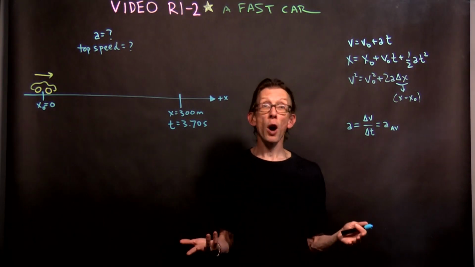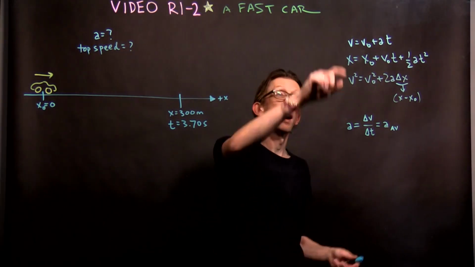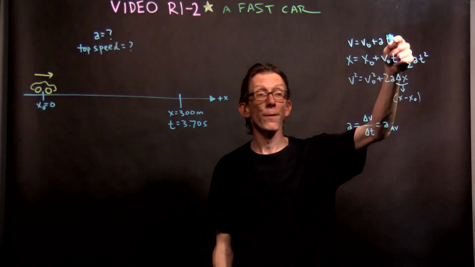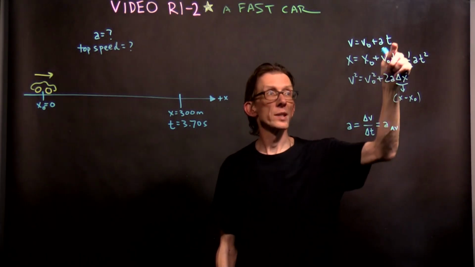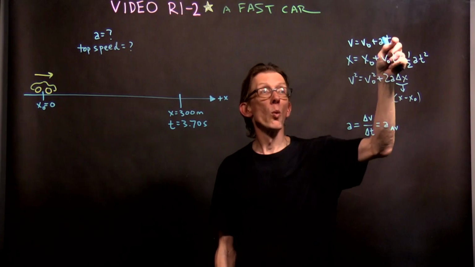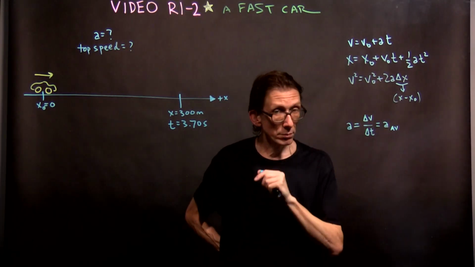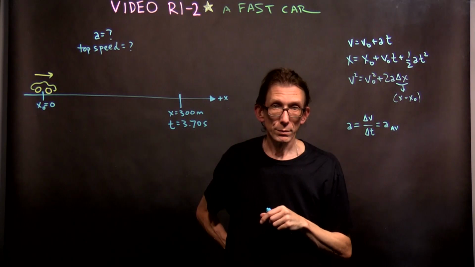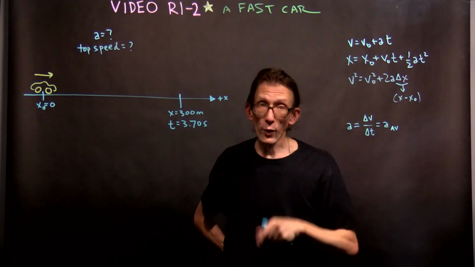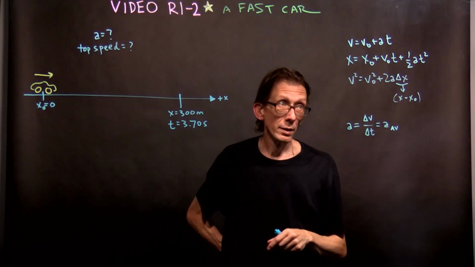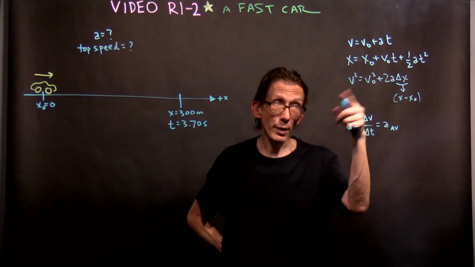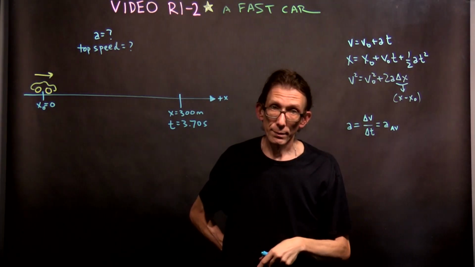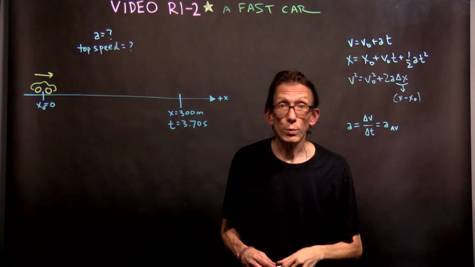So what do we know? We can't use number 1 to solve for a, because we don't know the final velocity. We can't use number 3 to solve for a, because there's no time there and we don't know the final velocity. We have to use number 2.